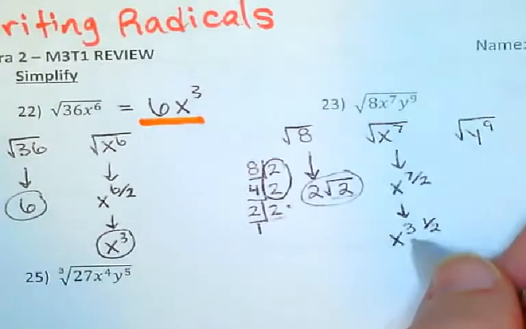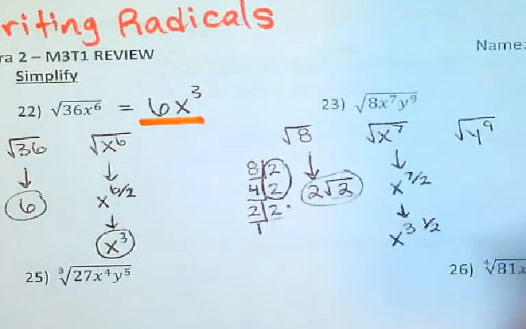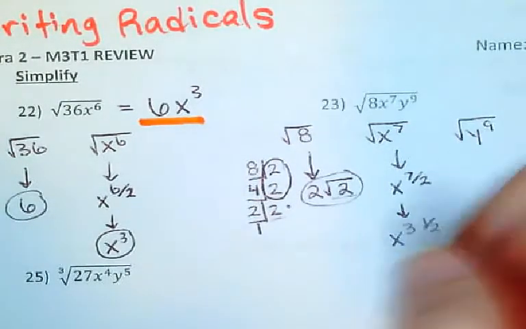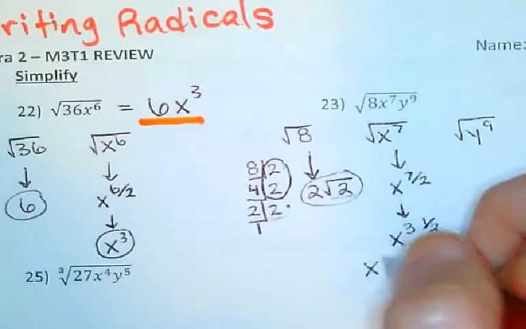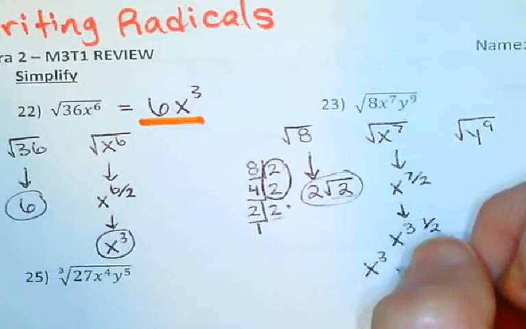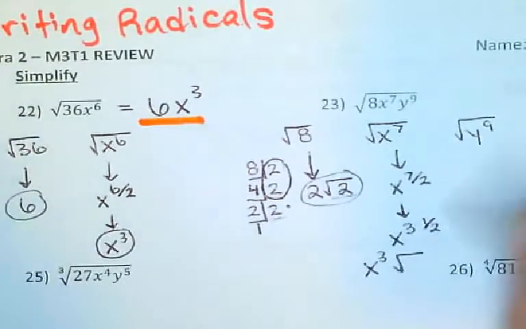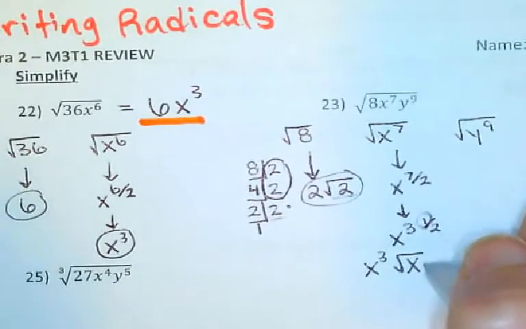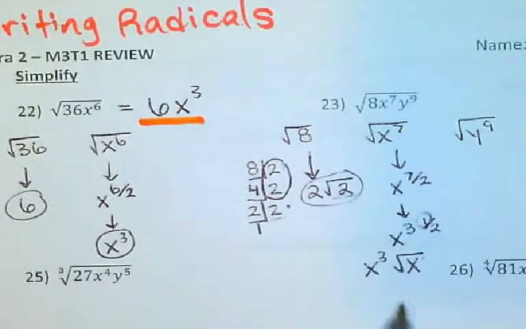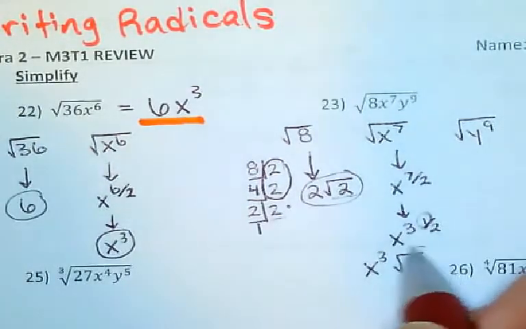So the way that we would write this is this x cubed is whole. So that would go outside, I'm going to put it right here, outside of a radical, but since we had leftovers, we had 1 x that was left over. So we've got an x to the 1st that has to go back underneath the square root sign.